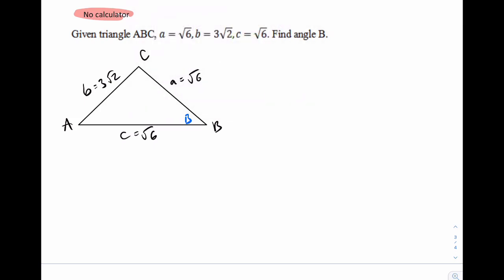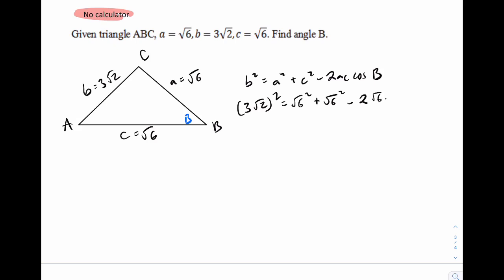So you can write this off if you want to. b squared is equal to a squared plus c squared minus 2ac cosine b. We plug everything in. 3 root 2 squared is equal to root 6 squared plus root 6 squared minus 2 times root 6 times root 6 cosine of b.